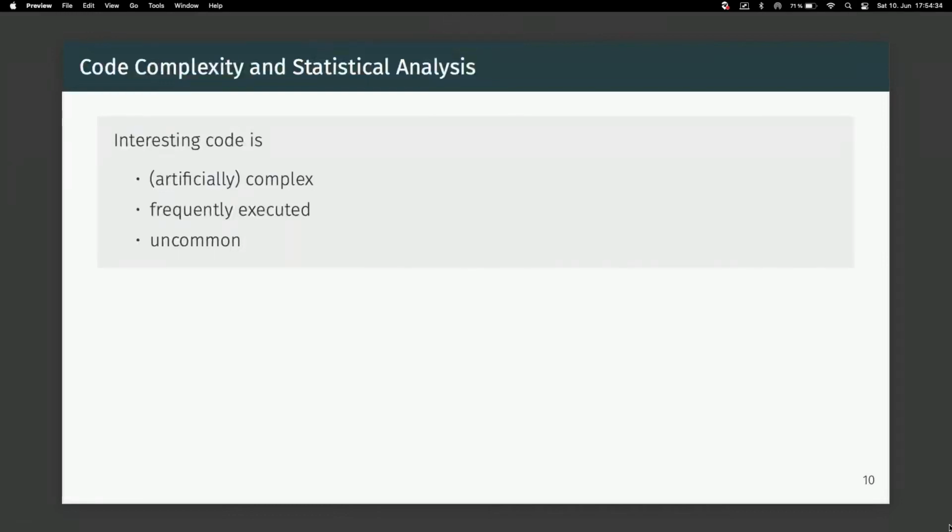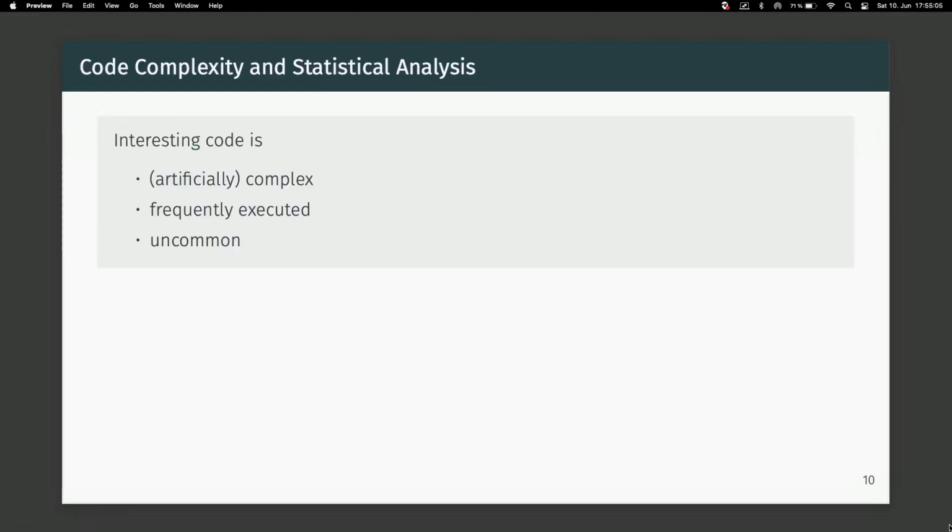In general, I define interesting code as 3 different things. First, I say interesting is everything which is potentially complex, no matter if it's complex due to real complexity or artificially complex due to obfuscation. If code is not complex, it might be interesting if it's frequently executed. Like if there are a lot of functions which call a specific code location, it might be worth a closer look at what's going on there.